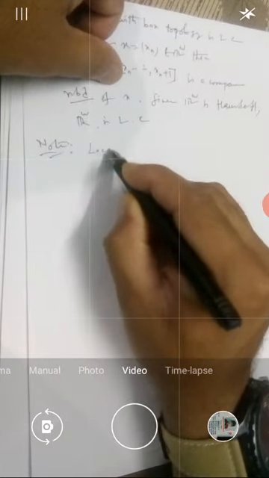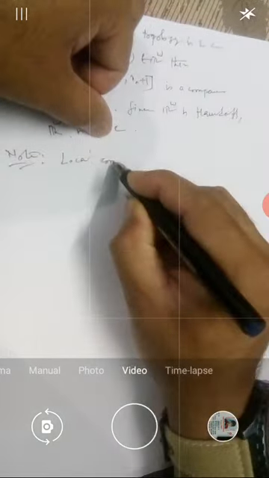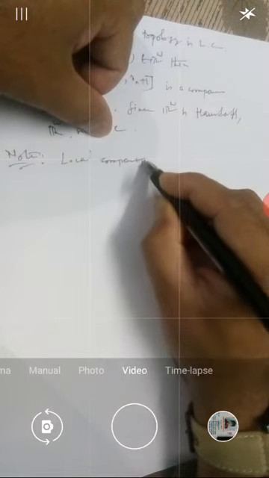Another note: compactness is a productive property because we have proved, not on this YouTube but in the classroom, that an arbitrary product of compact spaces is compact. So compactness is productive, but local compactness is not productive.